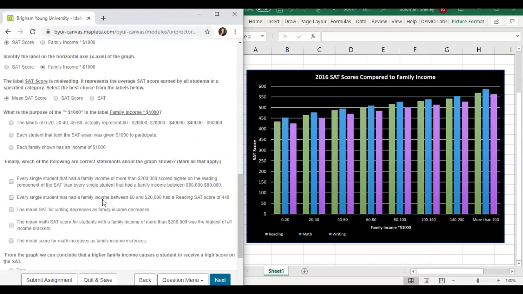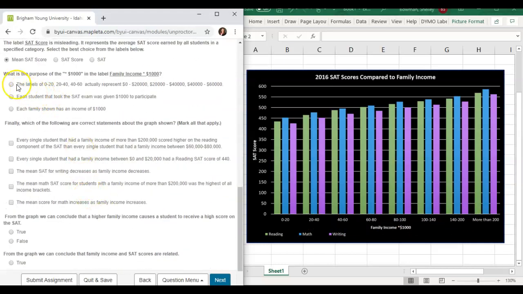So the answer is the labels of 0 to 20, 20 to 40, and so forth actually represent $0 to $20,000. This is the family income, and that is the purpose of the times 1,000. It does not mean that each student who took the SAT exam was given $1,000 to participate, and it also doesn't mean that each family shown only has an income of $1,000.